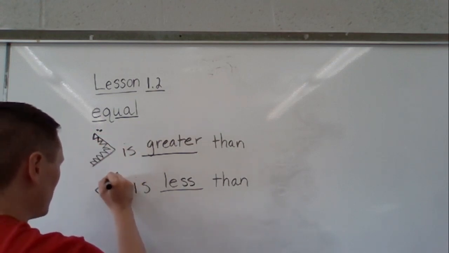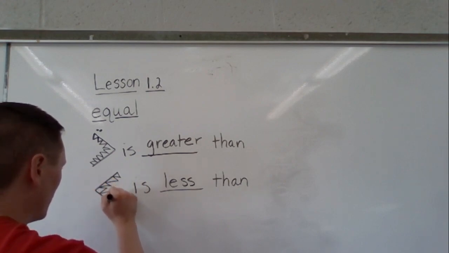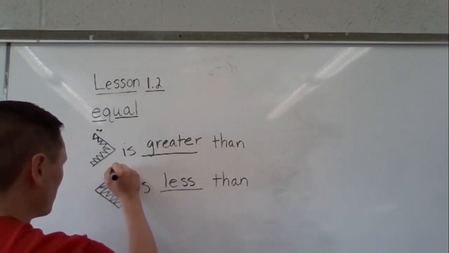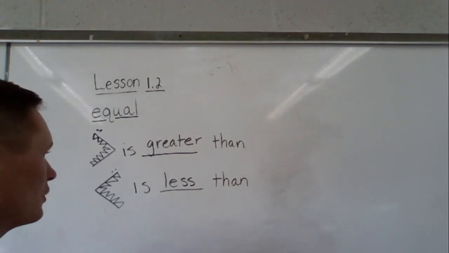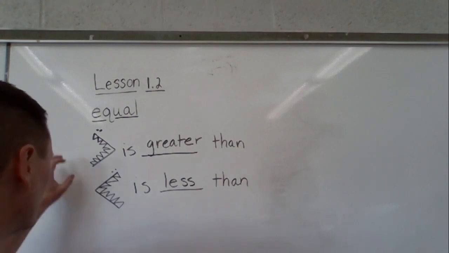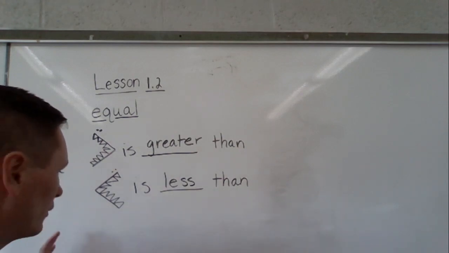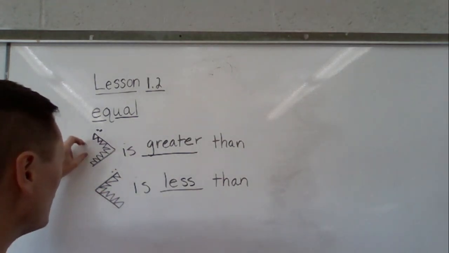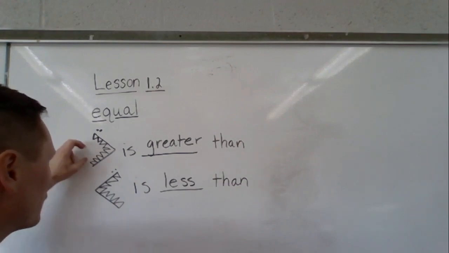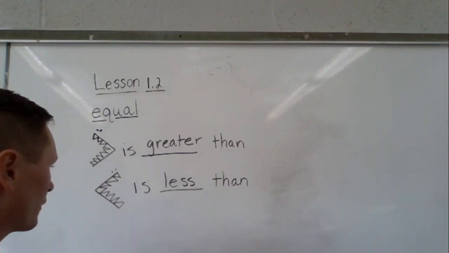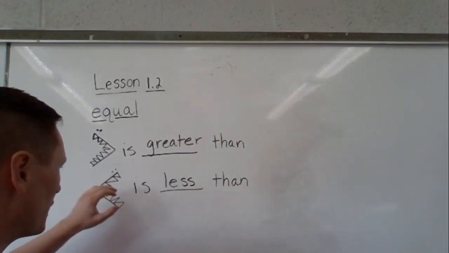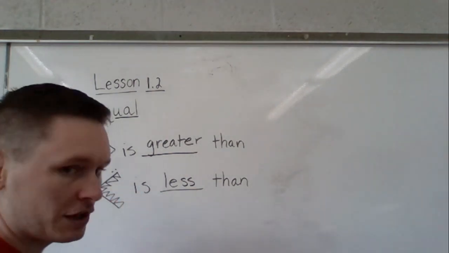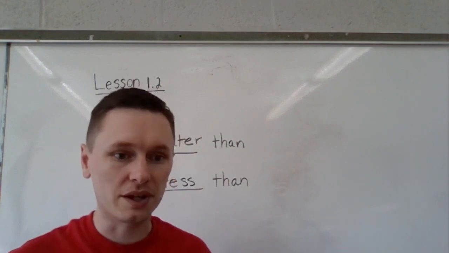Sometimes people like to still do that, if you need help to remind you which way the mouth is facing, to help tell you which one's greater than. We always read them from left to right, and the teeth or the open part of the mouth, the symbol, is towards the larger number. So even in less than, when we get into some examples, you'll see that this is open towards the larger number because we're reading from left to right.